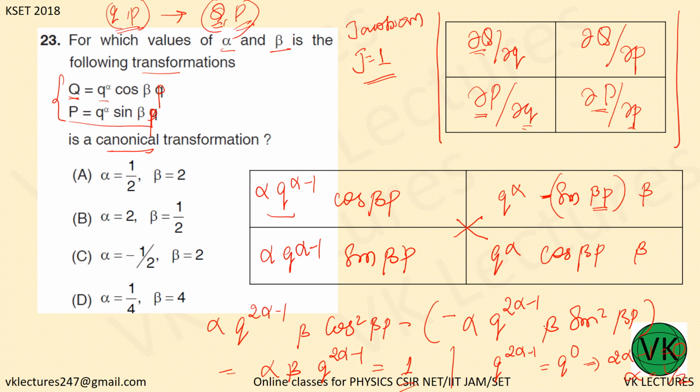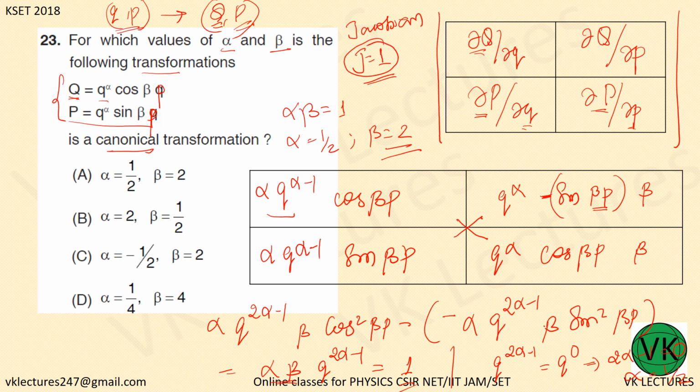Just substitute here now: alpha beta must be equal to 1. We already got alpha equal to 1 by 2, so beta equals 2. So the Jacobian is 1.